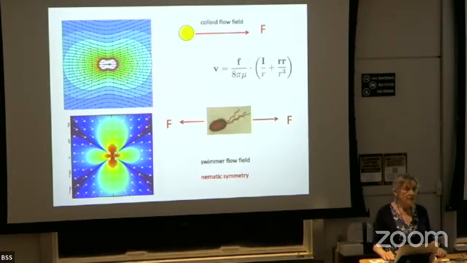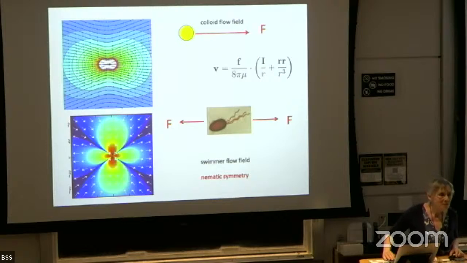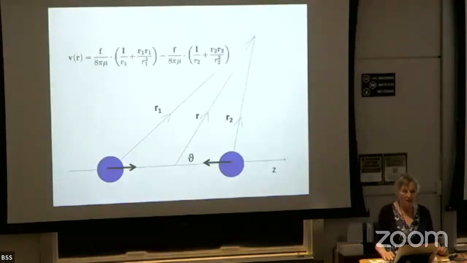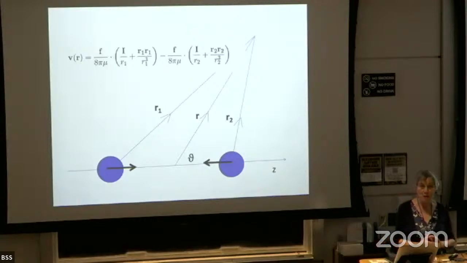You all know this because you did Kirsty's problem. This is 3D, that's right. So I'm sure you all did Kirsty's problem, which said let's actually work out what that field is.